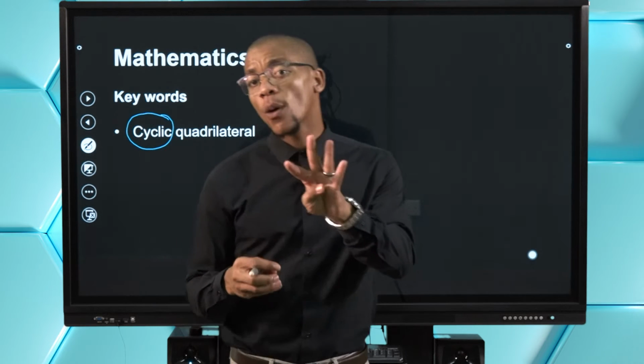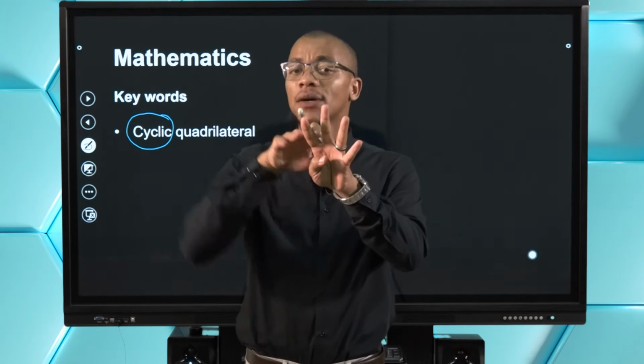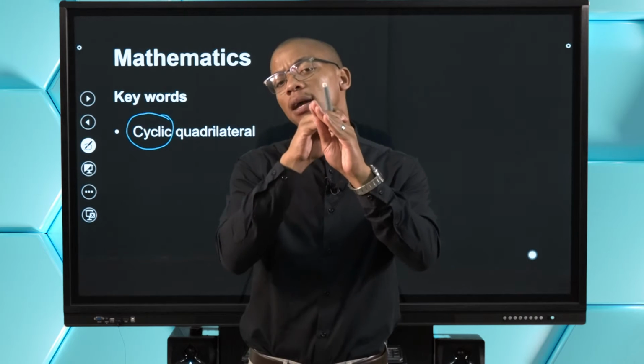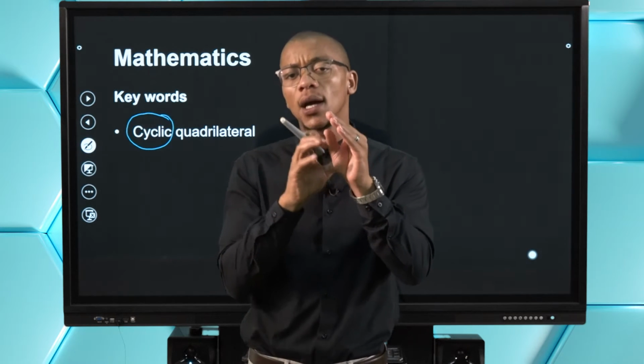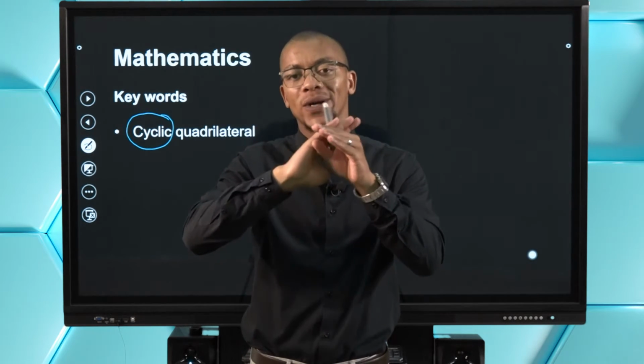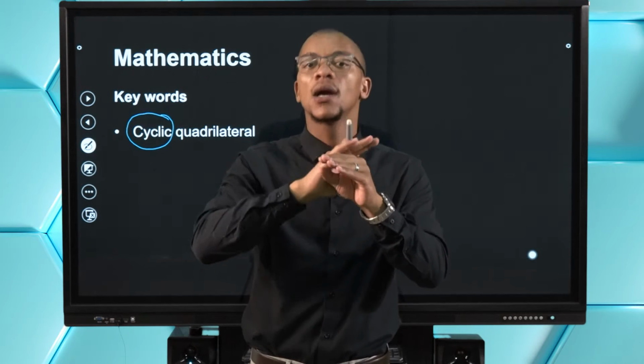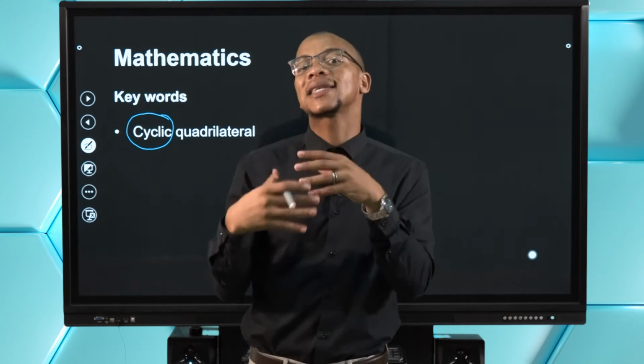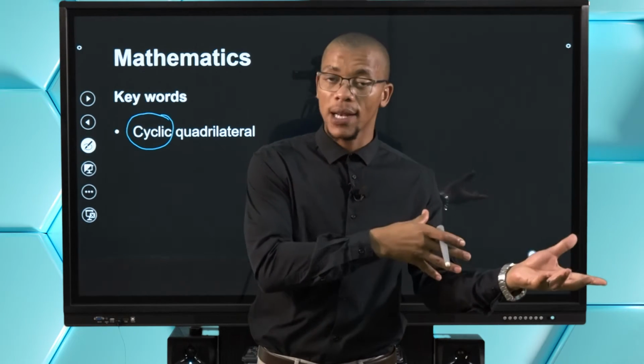Now, the big idea is the cyclic quadrilateral. Remember, concyclic is when 4 points lie on the circumference of the circle. If those 4 points lie on the circumference and I join them to give me a quadrilateral, we say that quadrilateral is a cyclic quadrilateral.